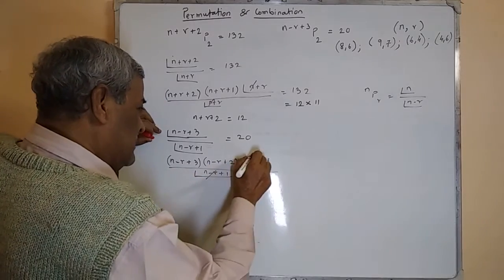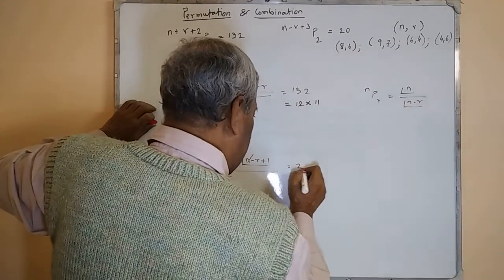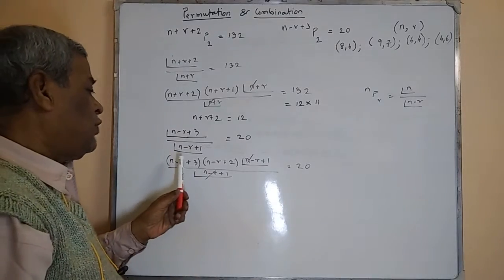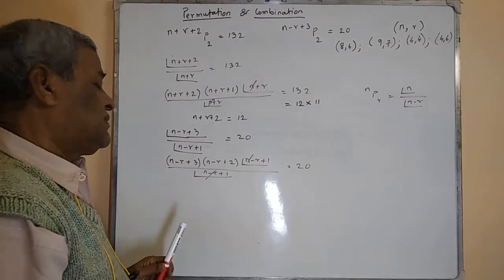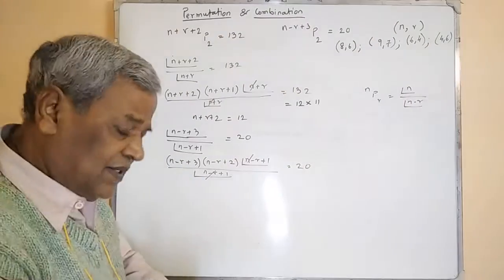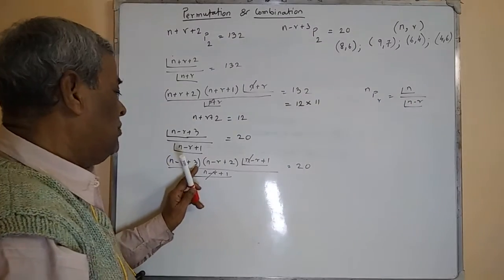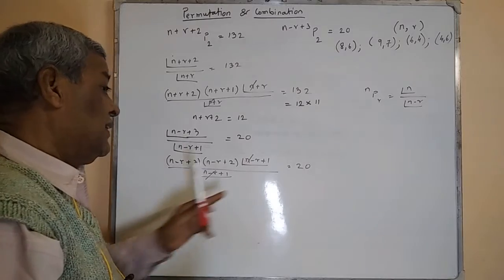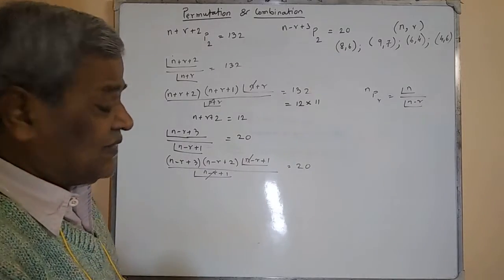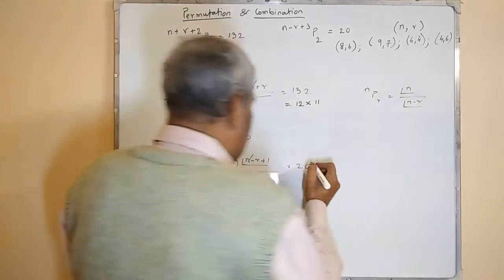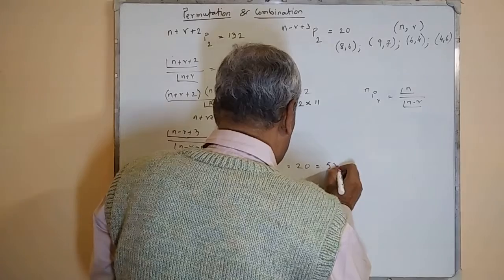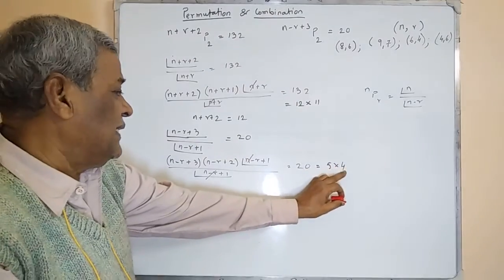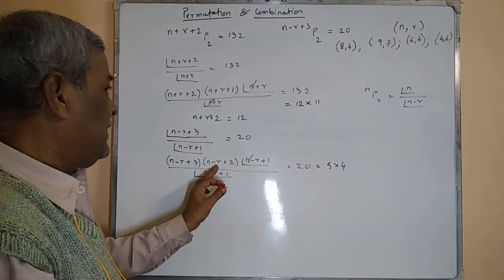They cancel. This is equal to 20. Once again, this is the product of two consecutive integers. n is an integer, r is an integer, so n minus r plus 3 and n minus r plus 2 are two consecutive integers. So try to factorize it into two consecutive integers. This is equal to 5 into 4. This is the greater integer than that.